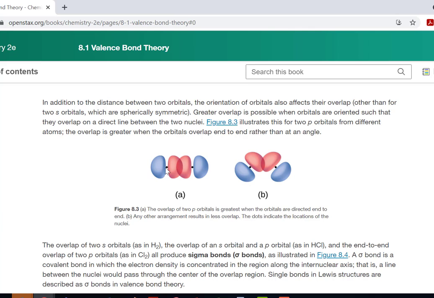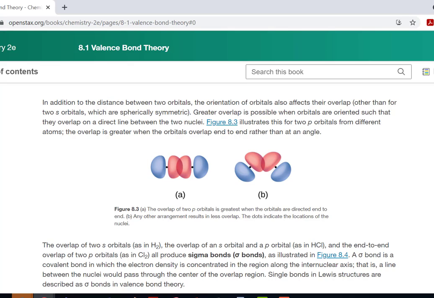So this is the kind of overlap that results in the strongest bond. When we have this sort of end-to-end overlap, we call this a sigma bond. The definition of a sigma bond is a chemical bond where the electron density is located between the nuclei, right in here.